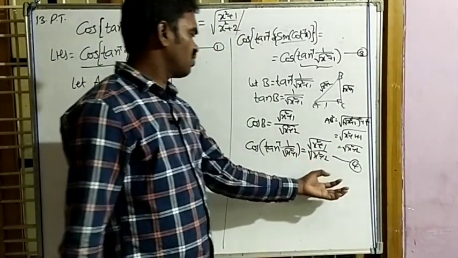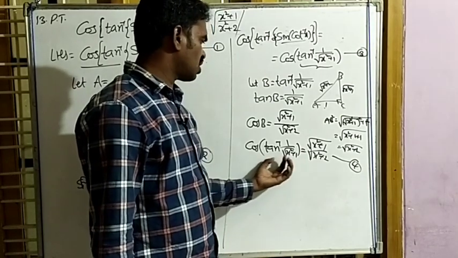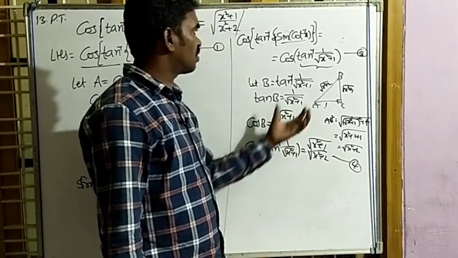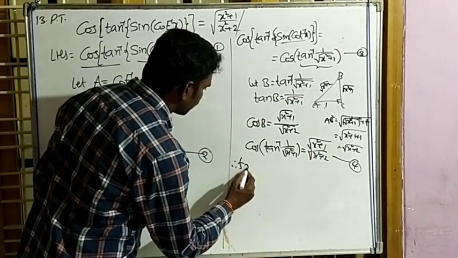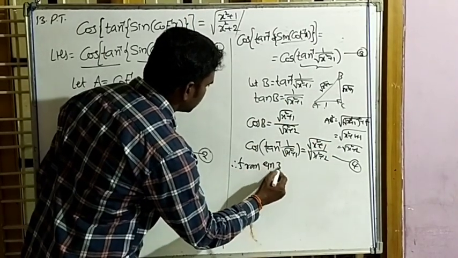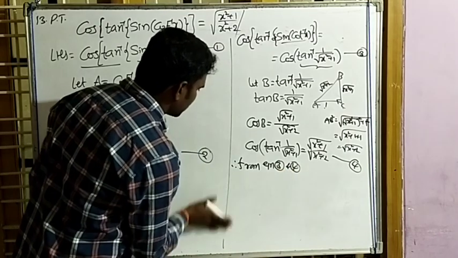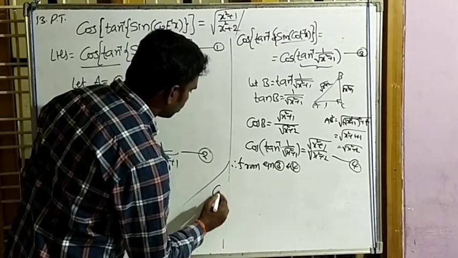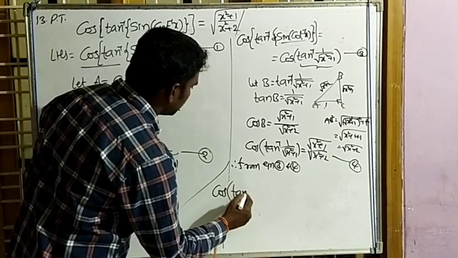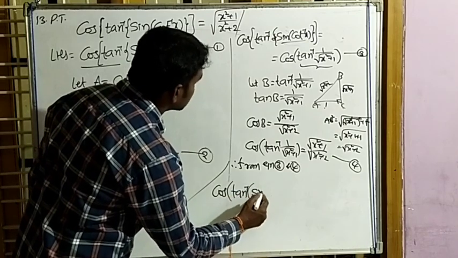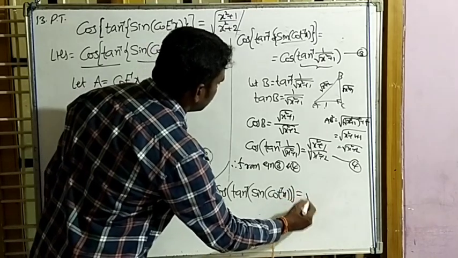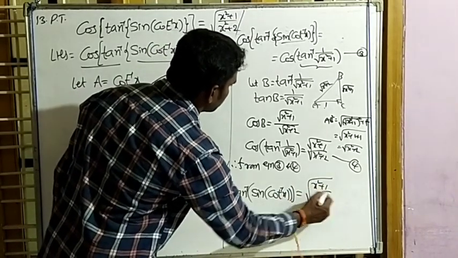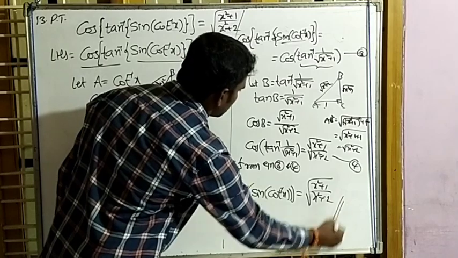From equation 4, the value of cos of tan inverse 1 by root x square plus 1, if we substitute it here, this comes. So therefore from equations 3 and 4 we can write cos of tan inverse of sin of cot inverse x is equal to root over x square plus 1 by x square plus 2 is the answer.